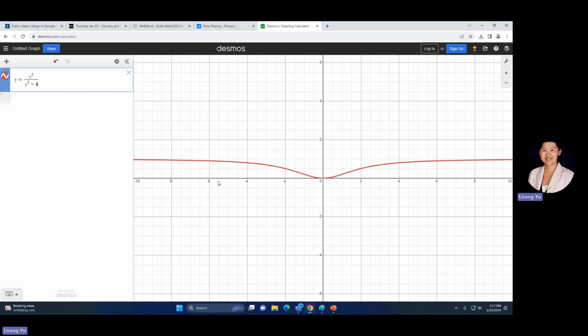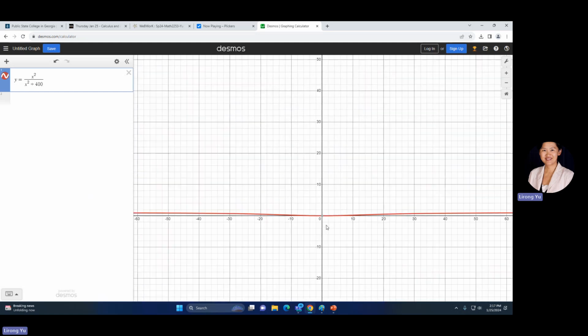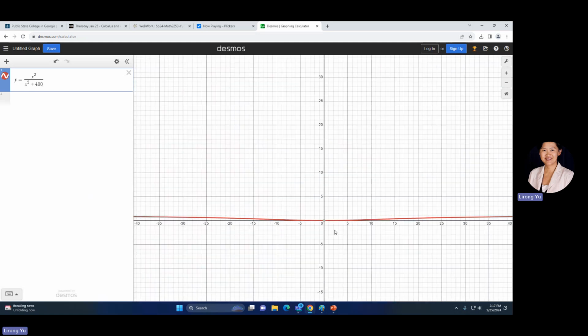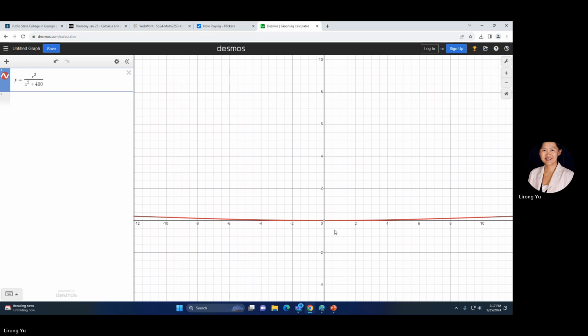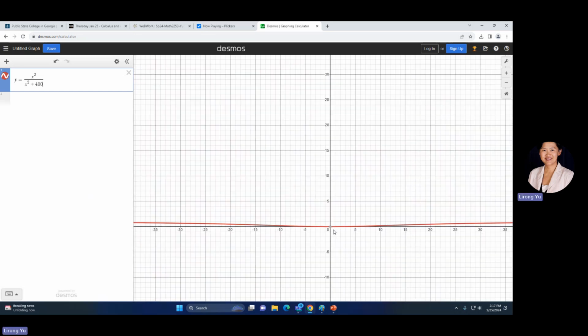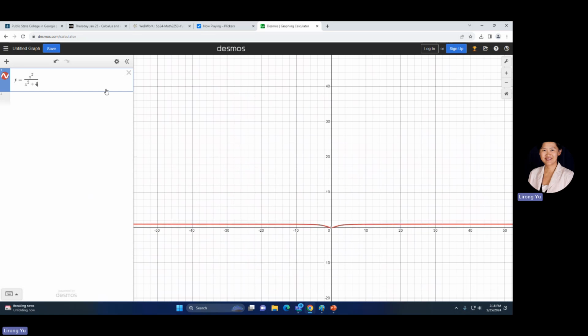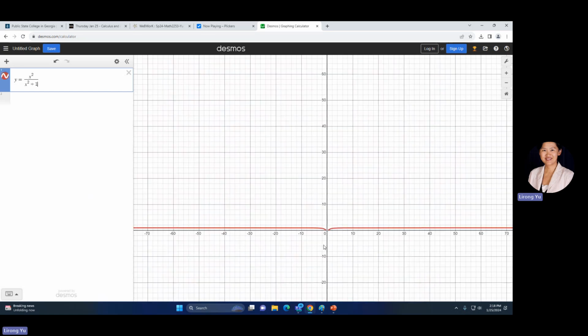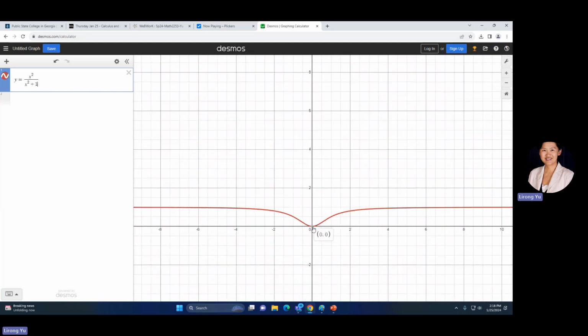You can also make it different. For example, what if it's 40? What if it's 400? It doesn't change much. The overall behavior at the far right is still 1. What it changes is that the curve in the middle becomes bigger, longer. But if it's small, like 1, that changes a very small region.